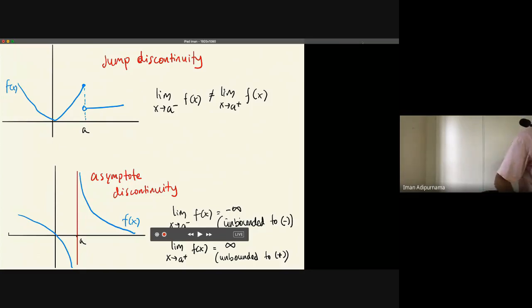But because it's going a different way, there is no limit. In approaching A, there is no limit because the one from the left and from the right are not the same.